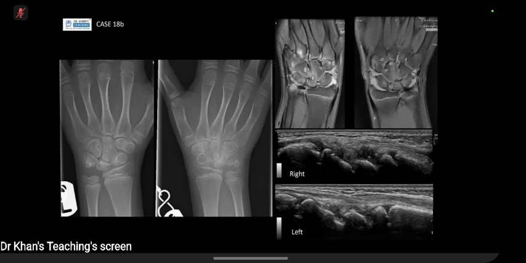At the MRI, there is a joint effusion with multiple bone marrow edema at the carpal bones, and at the styloid process of the ulna. There is erosion also, and soft tissue with multiple subchondral cysts.